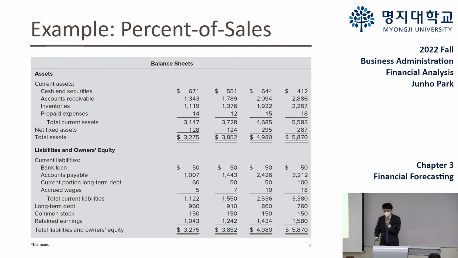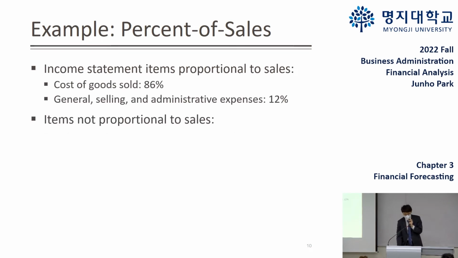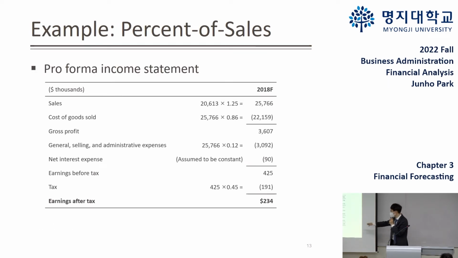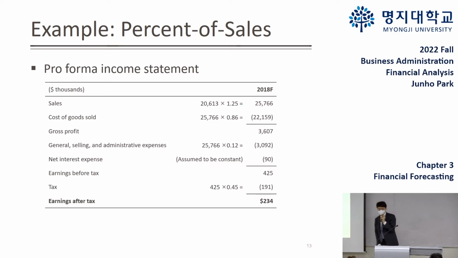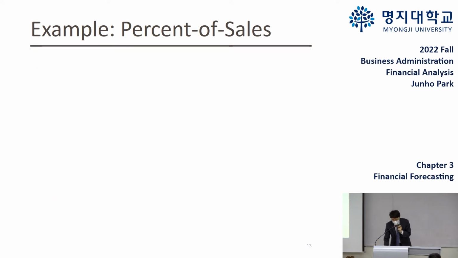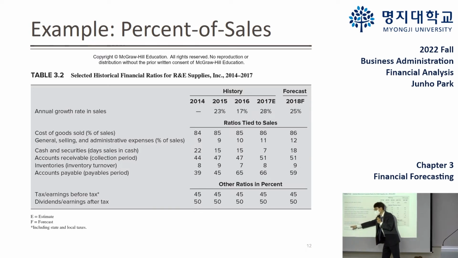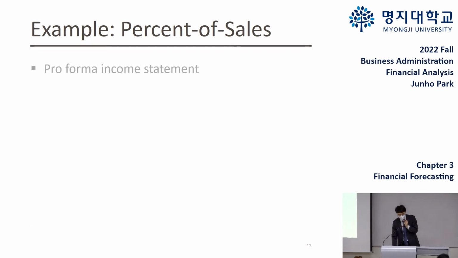But now, during this year, the year of 2018, because the firm gained some net income as much as $234, it will be added to your retained earnings at the end of 2018. However, there is also a cash outflow. This firm is paying dividends. Among the net income, they are paying 50% of the money to their shareholders. Therefore, you have to consider the dividends as well.